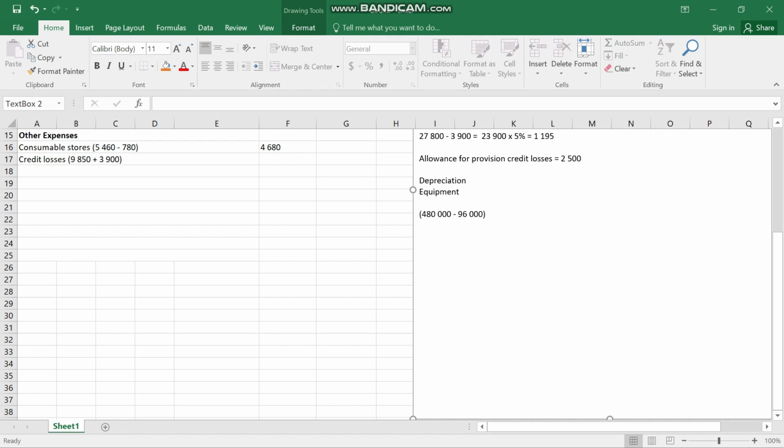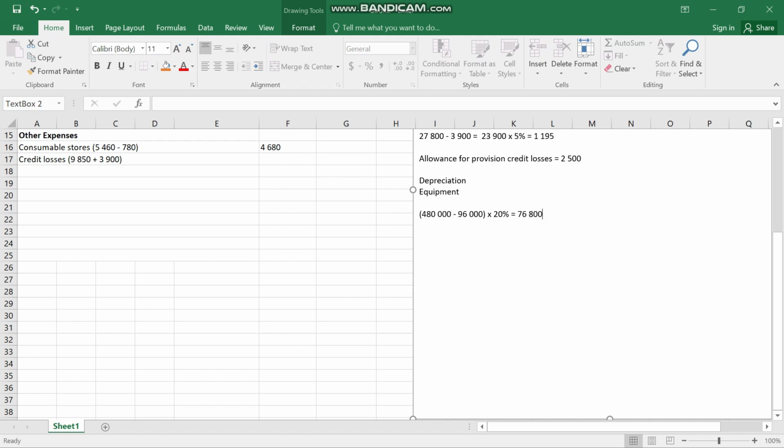It will give you the amount that's left, and this should give you the depreciation for equipment. So we have our equipment price of 480,000, accumulated depreciation of 96,000, and the depreciation rate of 20%, and this gives you the depreciation for the year, guys.